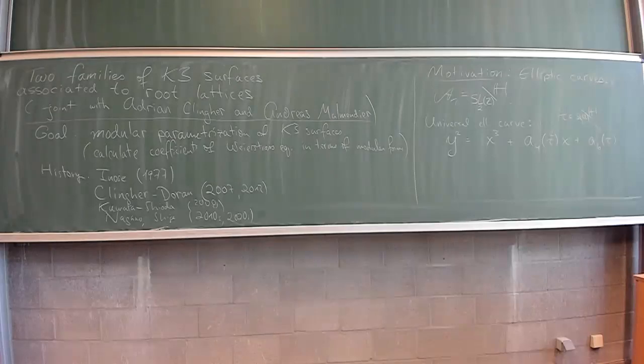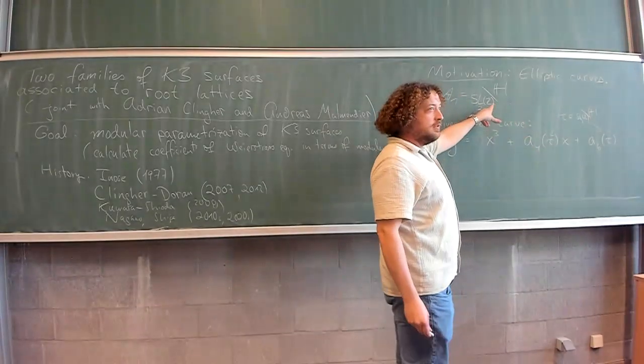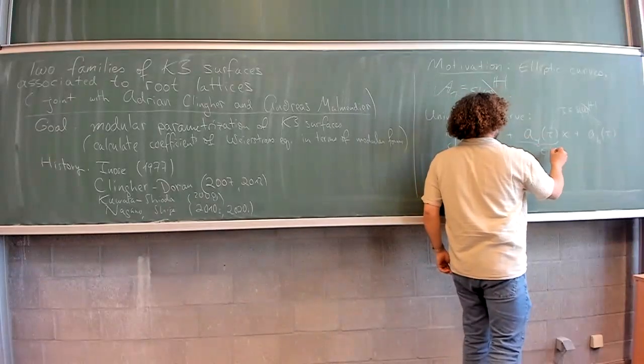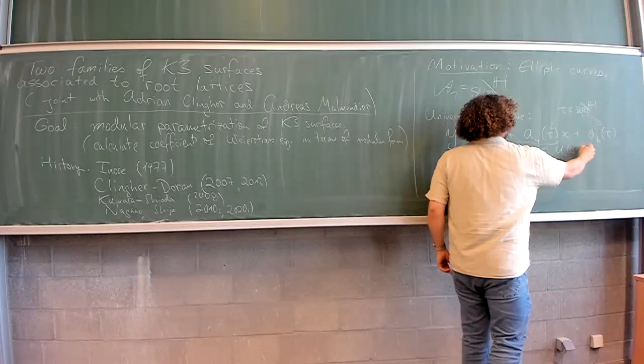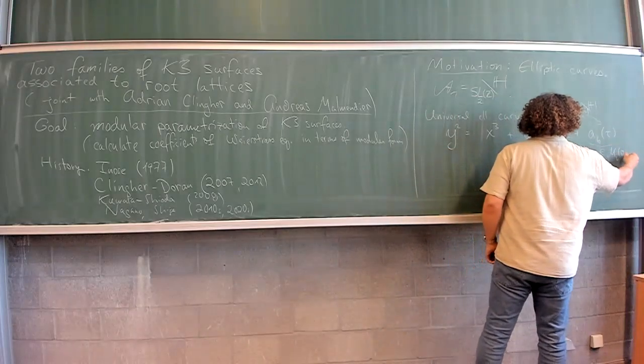And if you work through the definition of what these coefficients represent, you'll find that they are classical modular forms for SL2(Z), of weights 4 and 6. This belongs to M4(SL2(Z)). This belongs to M6.